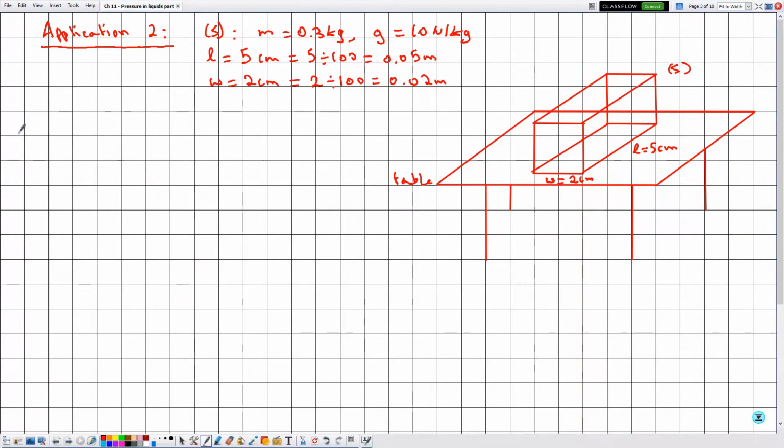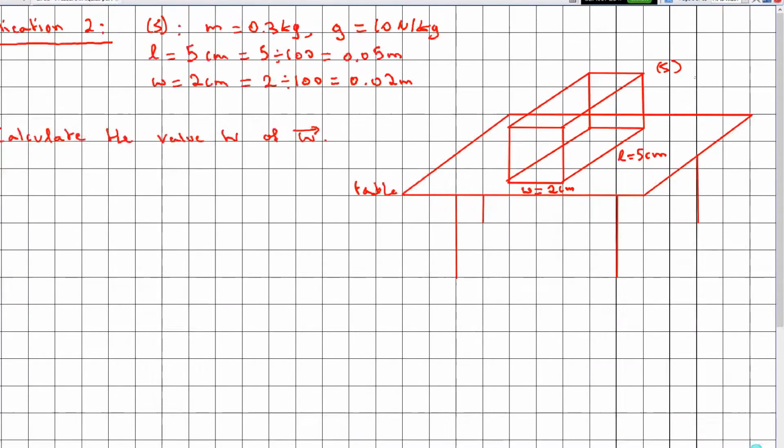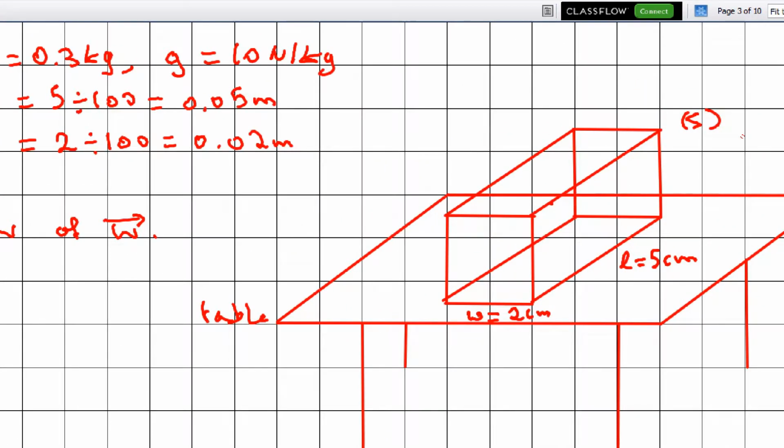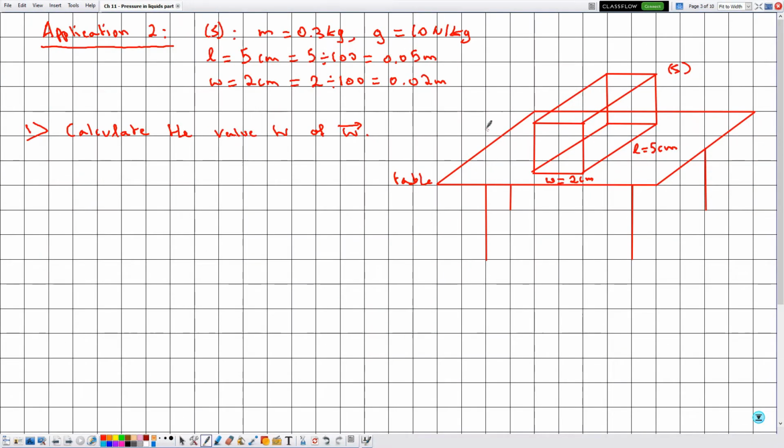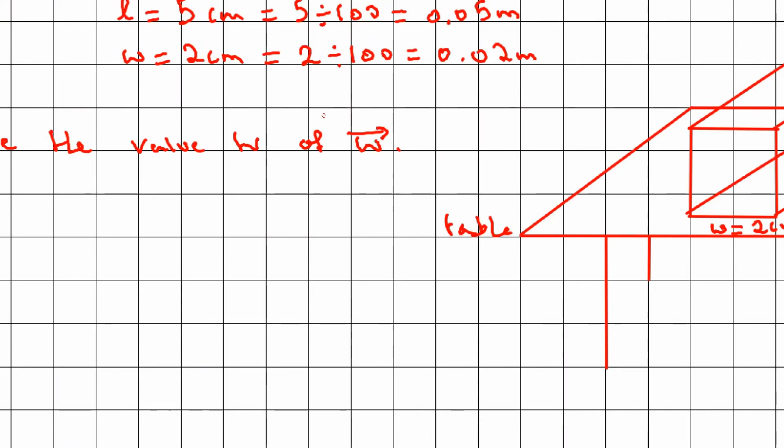Now let's suppose that number 1, calculate the value W of W vector. So here, because the solid S has a mass, then it will be directly subjected to the weight. So number 1, calculate the value W of W. So we need to calculate the magnitude of the W vector.